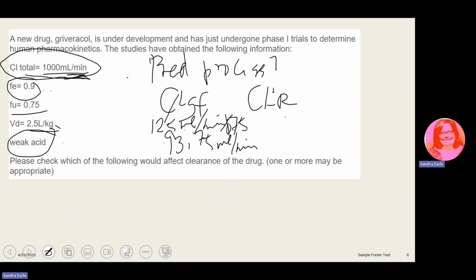So I could do that in my head. That's 900 mils per minute. So 93 are coming into the nephron and 900 is going out. Well, that's big time secretion, right?